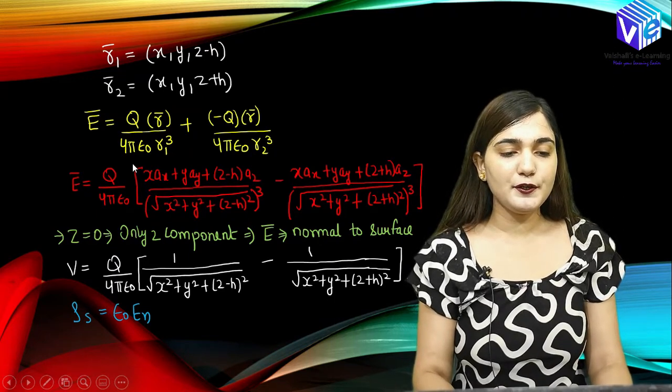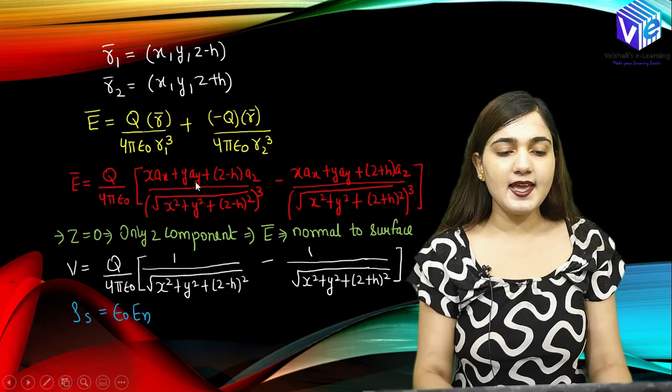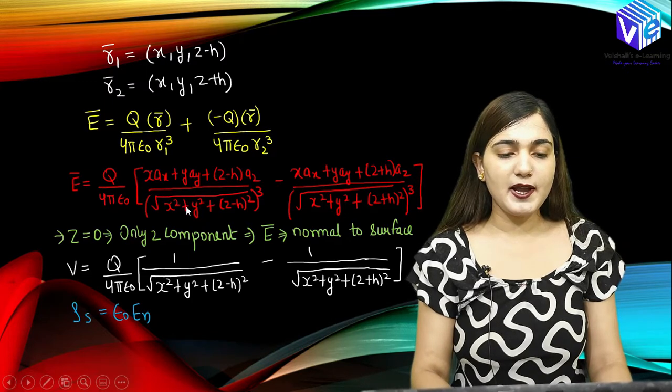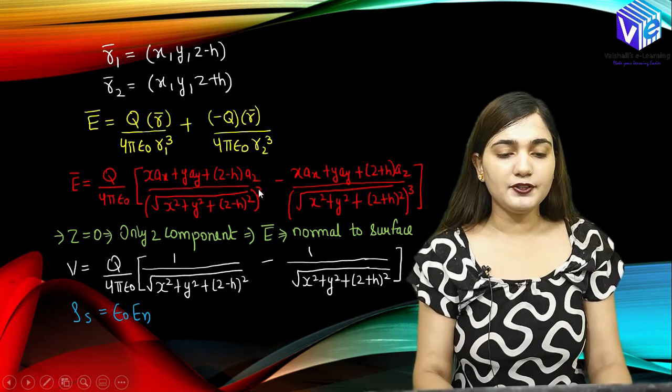So now here q upon 4 pi epsilon naught we can take outside. R is x ax plus y ay plus z minus h az. Here magnitude of r would be r1. So this is the r1, so we will be taking the magnitude of r1, x square plus y square plus z minus h square under root and whole the power 3.